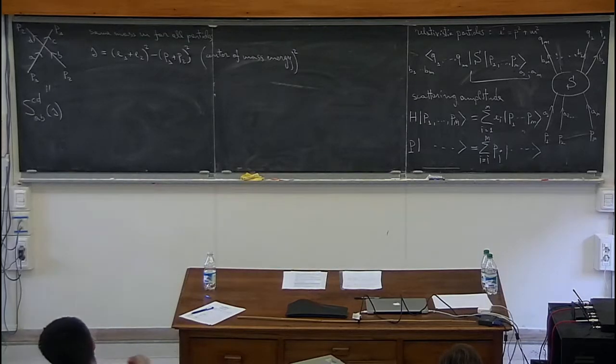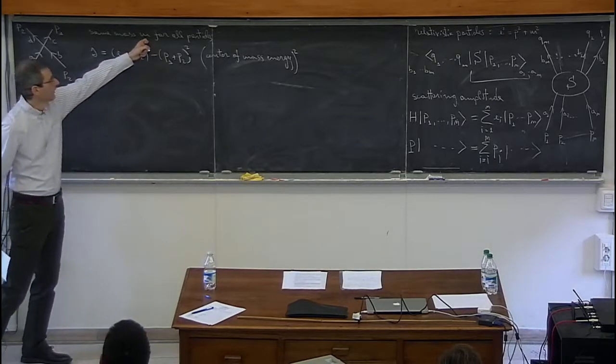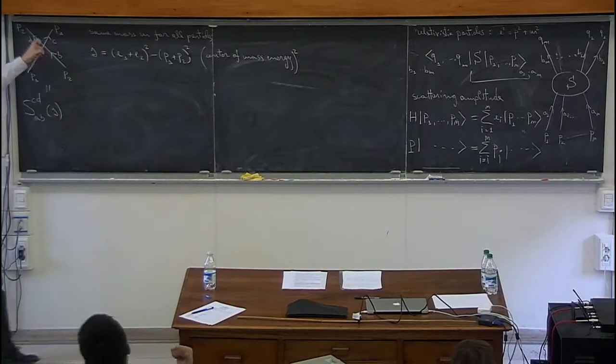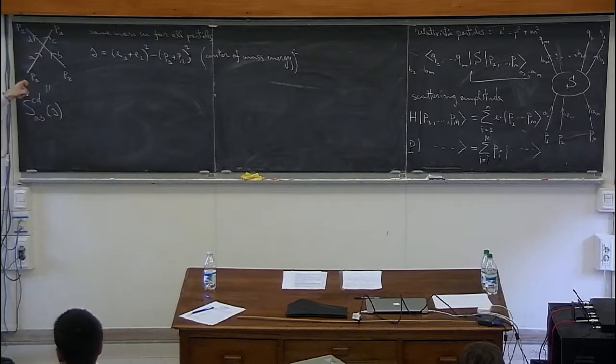In particular, once we have stipulated that the masses in the final state are always the same, this fixes the momenta to be exactly the same. You can just write the conservation of energy momentum, and you see that you get this. So this is specific to the 2-dimensional case. If you go to higher dimensions, this will not be the case.